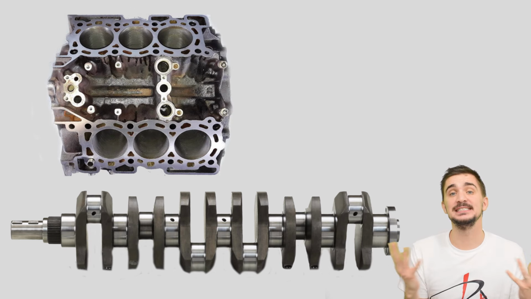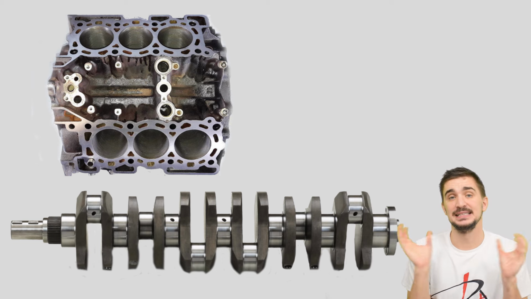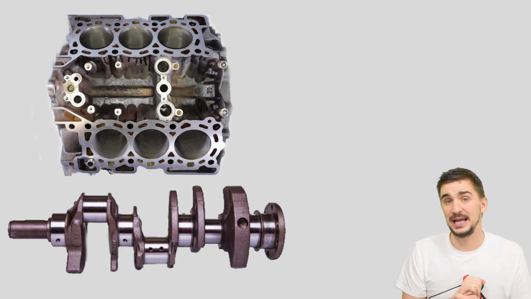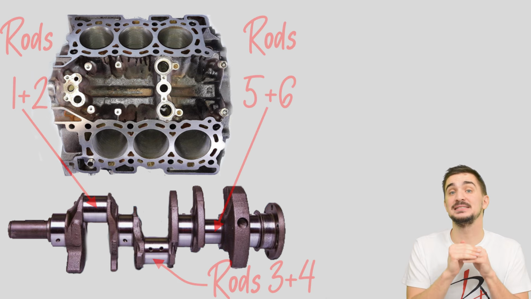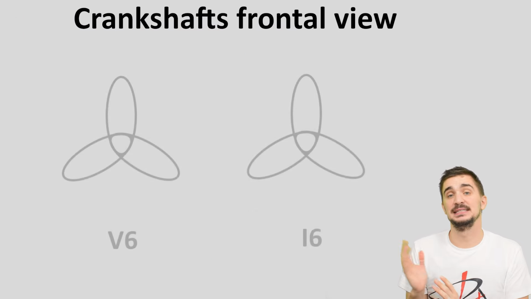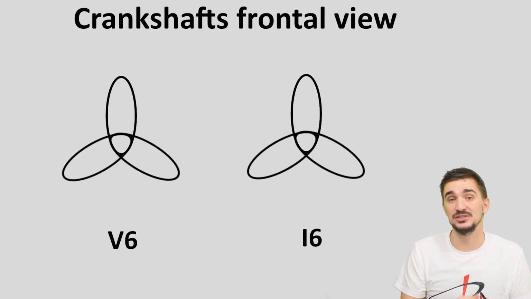Unfortunately, the V6 does not have this kind of luxury. The cylinders sit across each other, they look at each other, which means you need 2 cylinders for 1 crank pin. This means that rods must share a single crank pin. Now, both the V6 and the inline 6, because they have the same number of cylinders, have the same firing interval, 120 degrees.